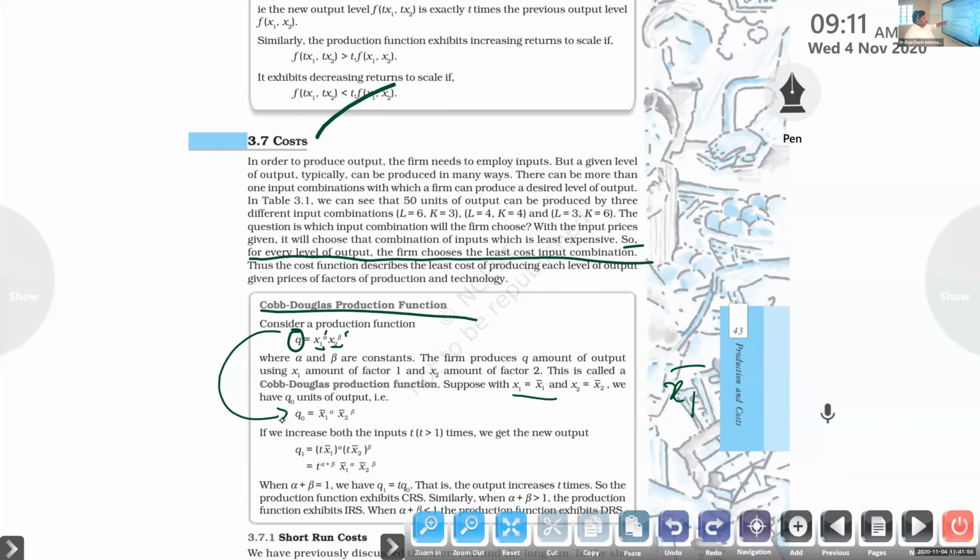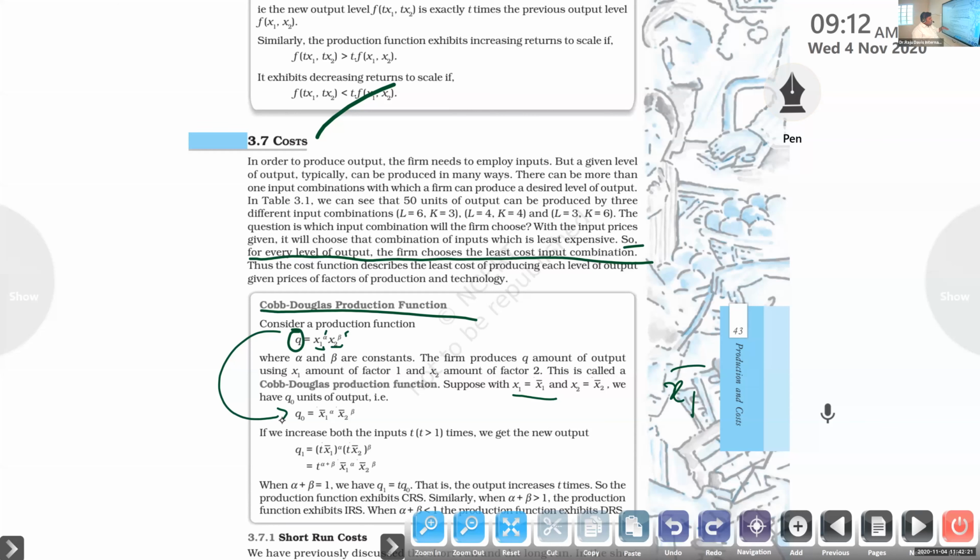If we want to produce Q0 quantity, we use x1 bar alpha and x2 bar beta, these factors or inputs.